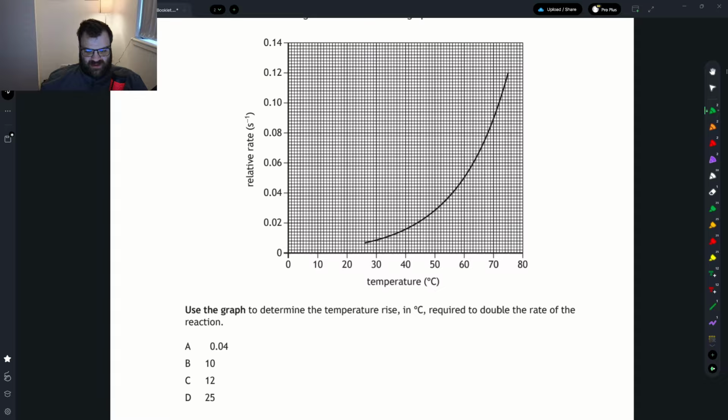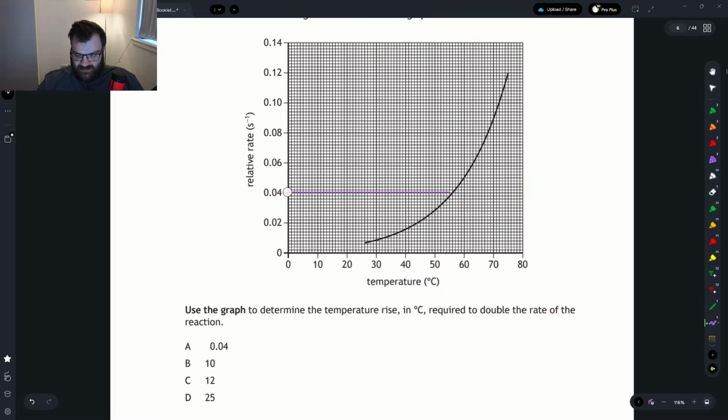Use the graph to calculate the temperature rise in degrees Celsius required to double the rate of reaction. Now, what we want to be doing is picking two relative rates that are fairly easy to read off. Our scale at the bottom is every little box is 1, so it shouldn't matter too much where we pick from.